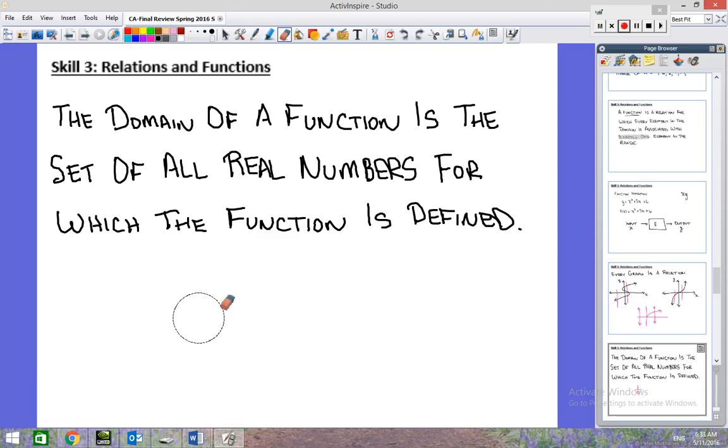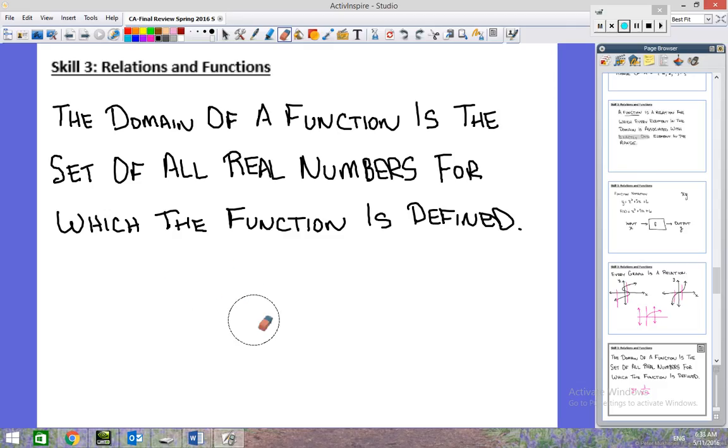So any x that causes division by 0 is excluded. If you have 1 over x minus 2, then I can plug in any x that you'd like, any real number, with the exception of positive 2, because if I let 2 be in the domain, then what would I have as a y value, as the output of the function? 2 minus 2 is 0, and 1 divided by 0 is undefined.